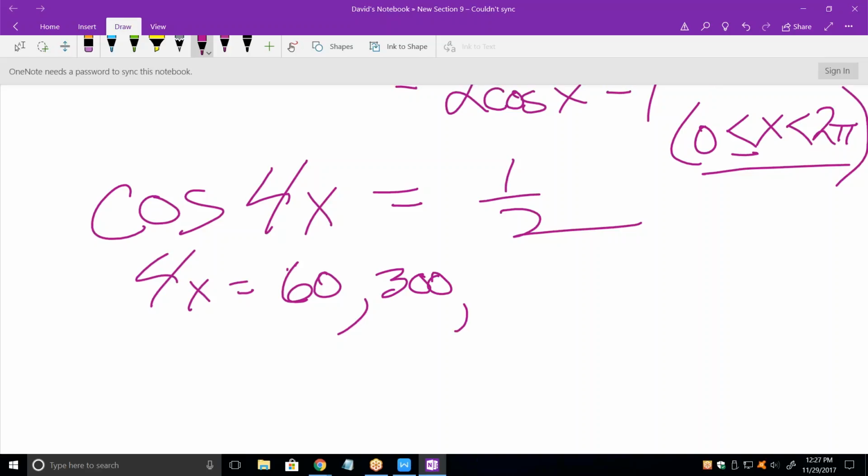However, most people would stop right there, and their answer would be 15 degrees or 75 degrees. Well, you got to remember to do this. If the domain of x is between 0 and 2 pi, tell me what the domain of 4x is.